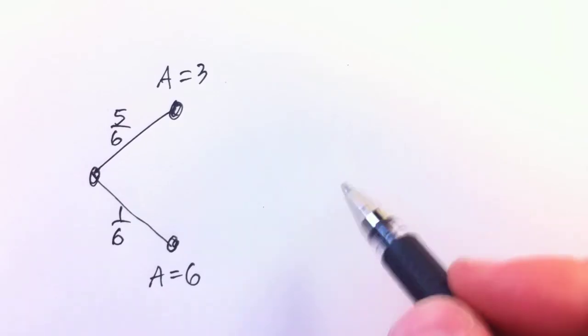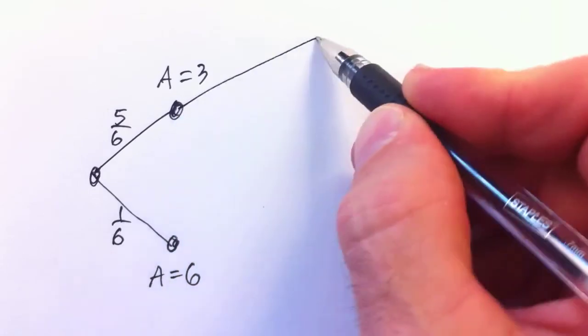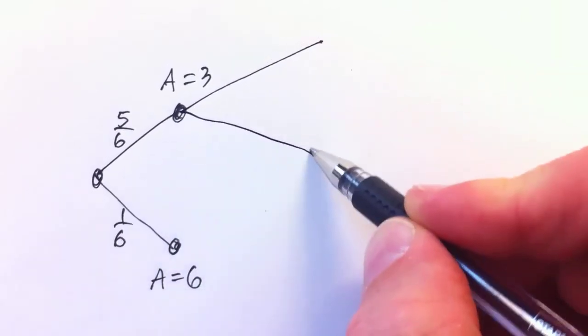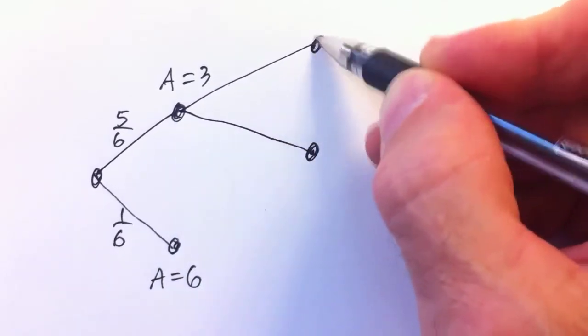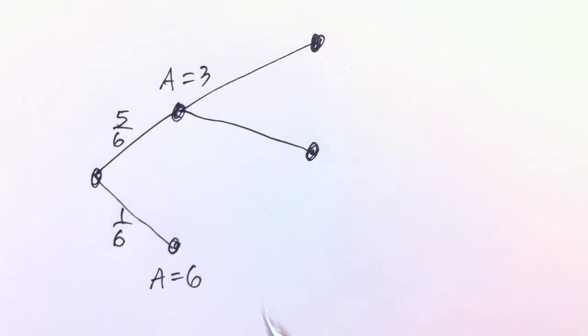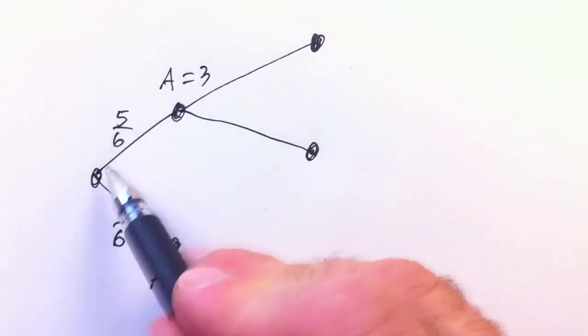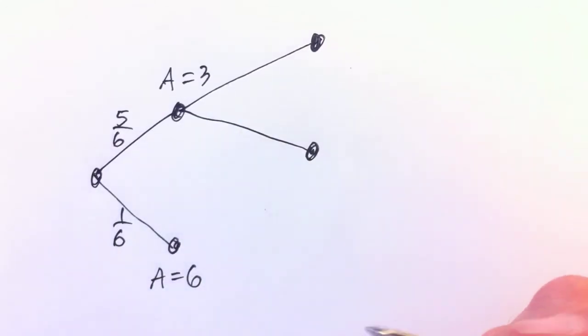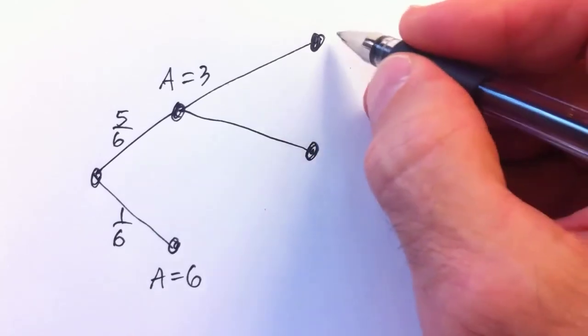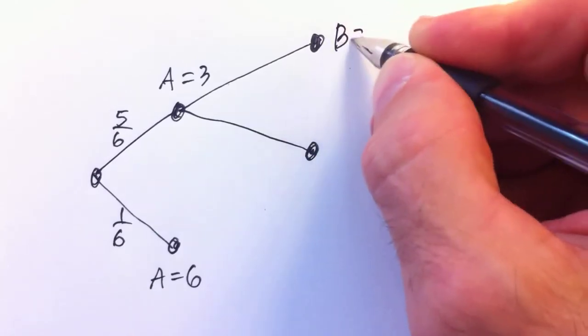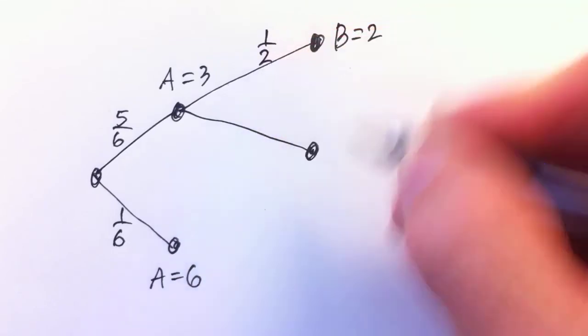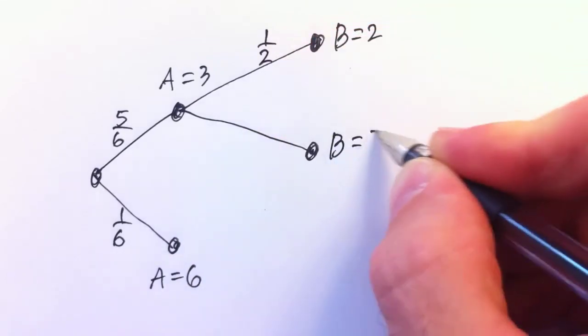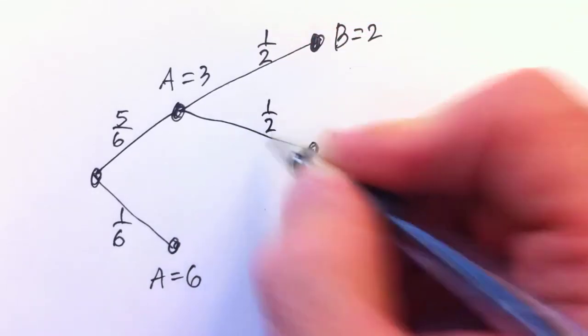Now, if we follow up by rolling die B, when A had landed on a 3, and we know that rolling B is really independent of what happened here, we'll get the same statistics as we had previously for B. That is, B equals 2 occurs with probability 1/2. B equals 5 also occurs with probability 1/2.